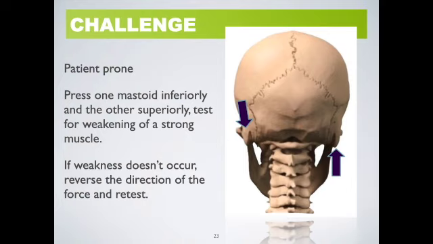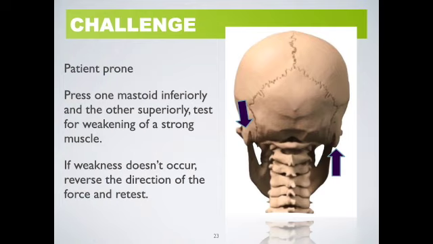Now, if you find this and weakness occurs, you're going to go opposite. This correction is not a rebound correction. It is a direct correction. It's a direct challenge and a direct correction. So if you challenge it, say the way the arrows are in this slide, the right mastoid being pressed up, the left mastoid being pressed down, and you get a strong indicator muscle weakening, you're going to correct the opposite way.